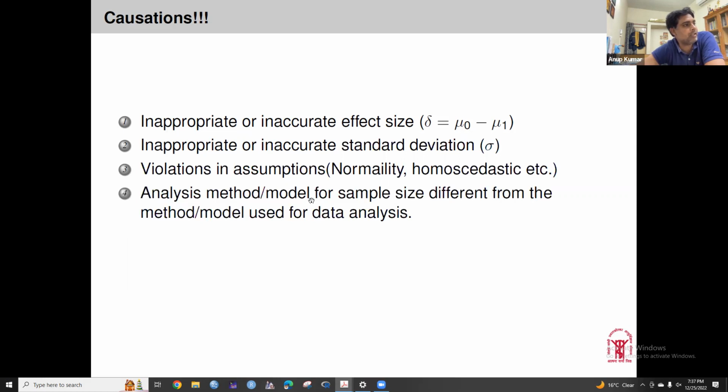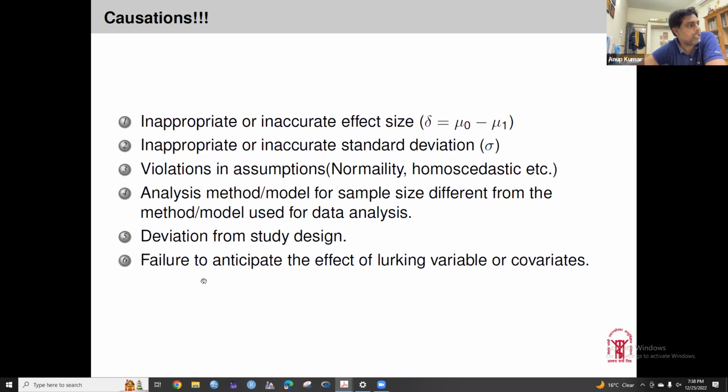And analysis method, model for sample size different from the method or model used in the data analysis. आपने sample size calculate करने के लिए जो formula use किया वो तो कुछ और था, analysis के लिए जो formula use किया वो कुछ और था. So this is very common, which I am personally observing. It should be avoided. Deviation from the study design से deviate हो गए.